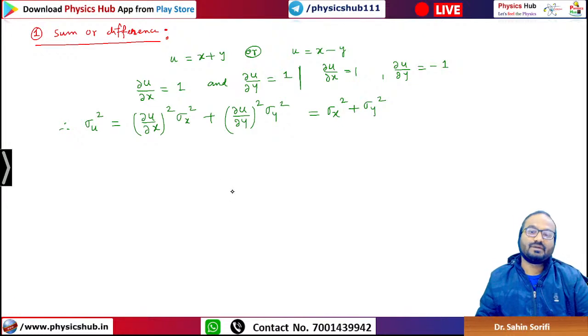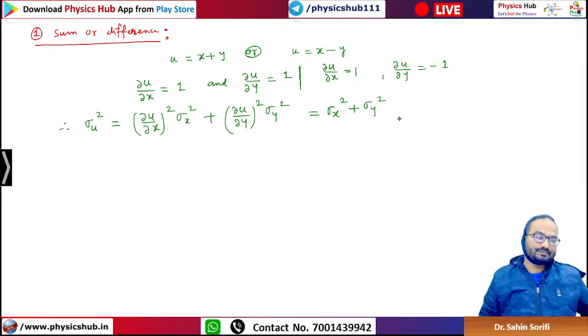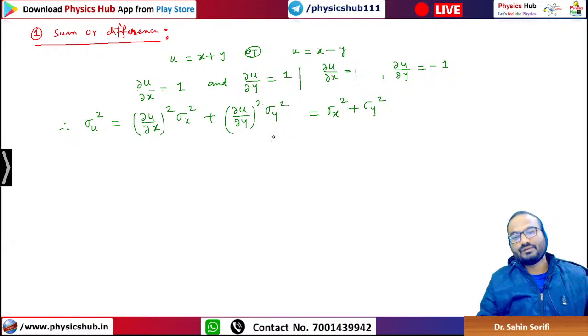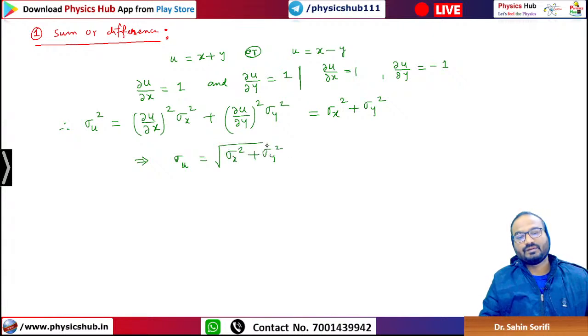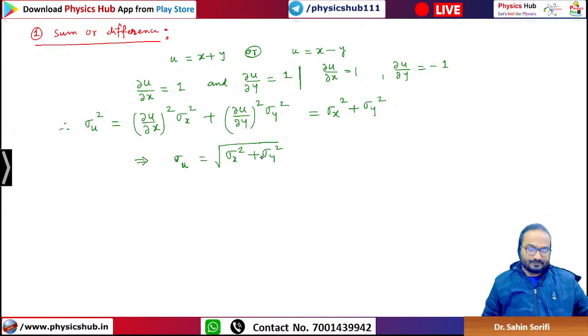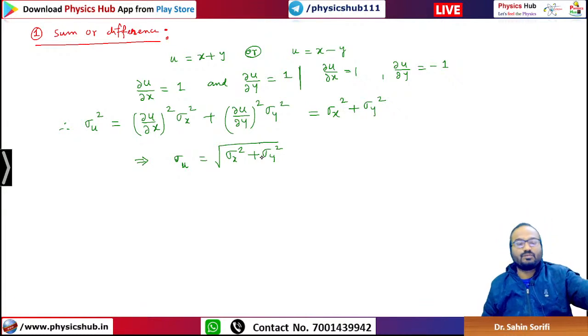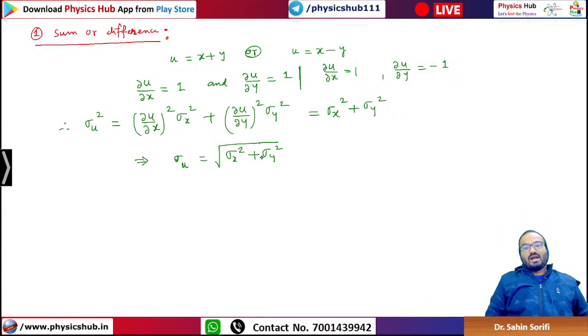But when you take the square of them, you get it like this. So, for both of them, you will get this result. So, sigma u is nothing but the square root of sigma x square plus sigma y square. Is it clear or not? So, for both sum and difference, you get the same formula of error propagation.